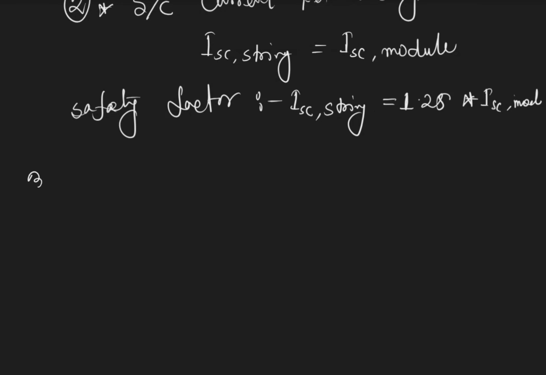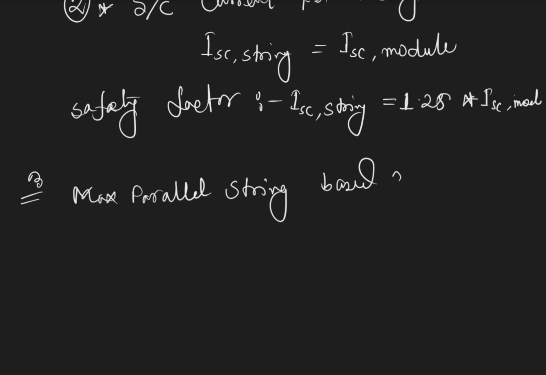Now step number three, the maximum parallel string. How many parallel strings can be implemented or installed for maximum efficiency or maximum performance? Indeed, number three, the maximum parallel string based on the short circuit current limit.